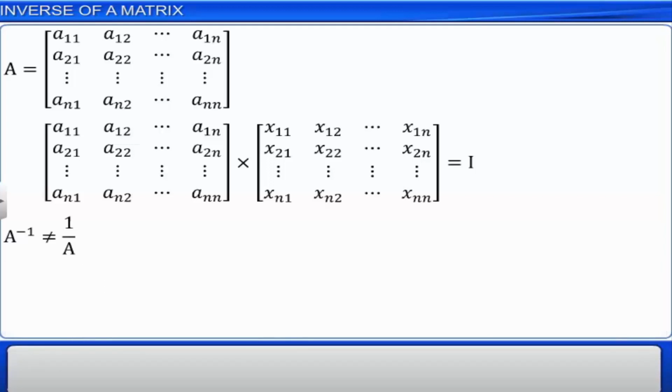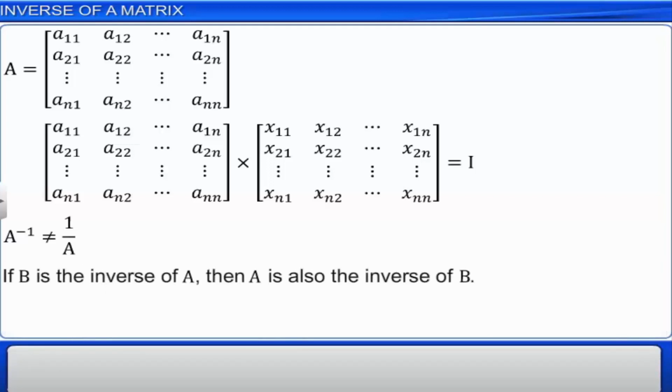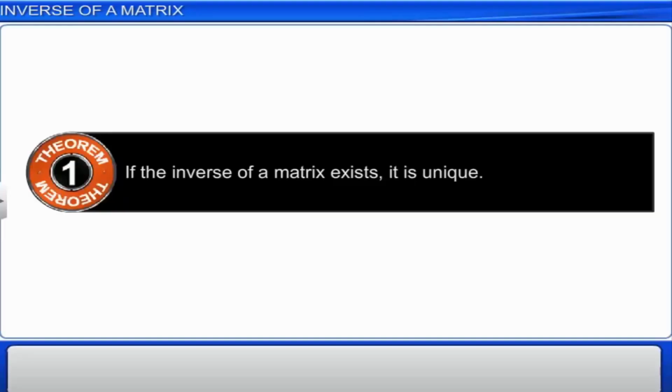It should also be noted that if matrix B is the inverse of matrix A, then matrix A is also the inverse of matrix B. There exists only one inverse for a given matrix.